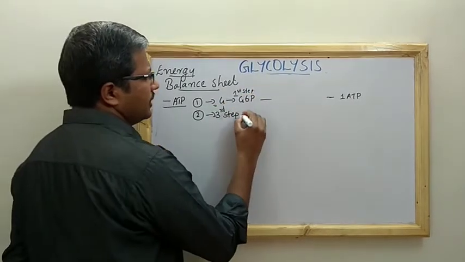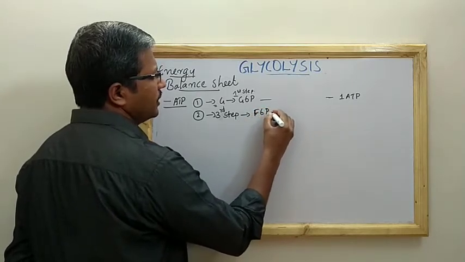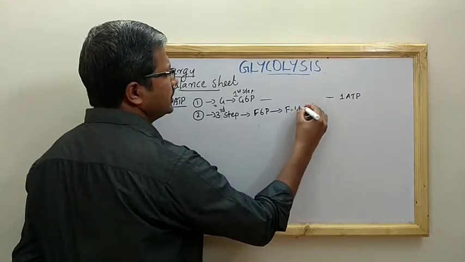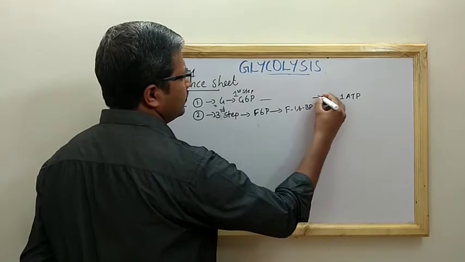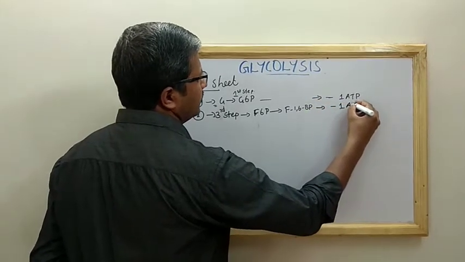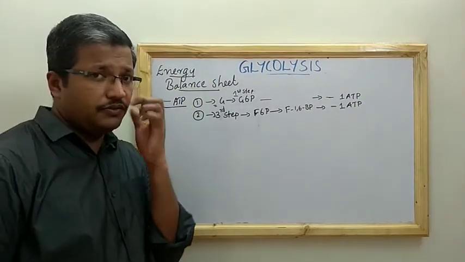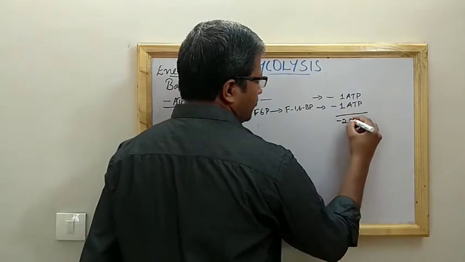Third step, that is fructose 6-phosphate is converted to fructose 1,6-bisphosphate, where again minus 1 ATP. So 2 minus ATP are formed. So what is the total? Minus 2 ATP.